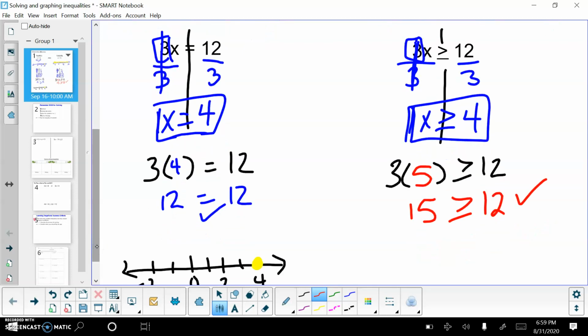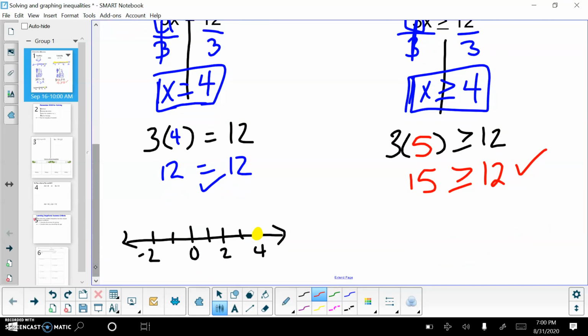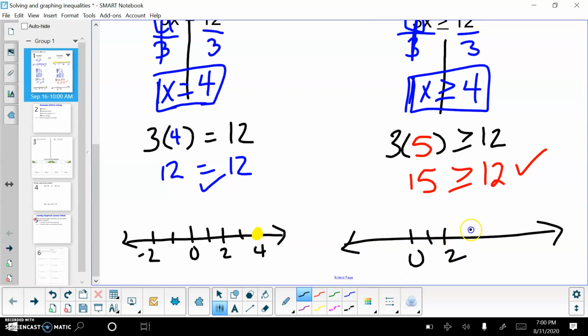And when we graph these, I've already got the 4 graphed. You would just put the dot on it like before. But when you graph this one, 0, 2, 4, okay, and I'm going to do a few more. You're going to circle your 4, but this time we're going to do a closed end dot because we do have the equal sign.